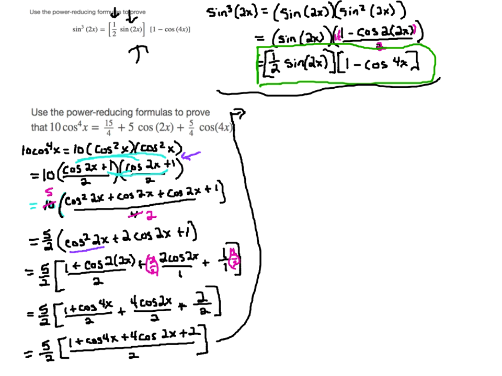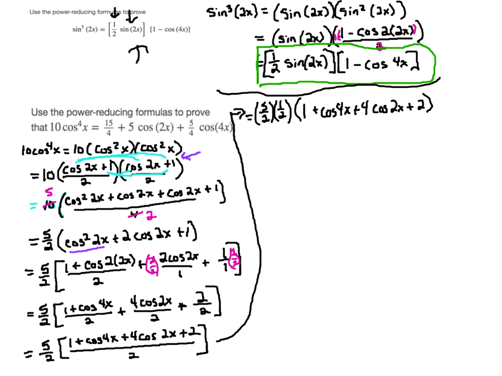Okay, so I'm going to pull that 1/2 off so that I just have my numerator inside my brackets. So this is 5/2 times the 1/2 that I'm pulling off now. And now that's going to be multiplied by 1 plus cosine 4x plus 4 cosine 2x plus 2.